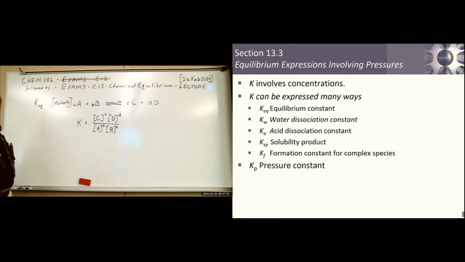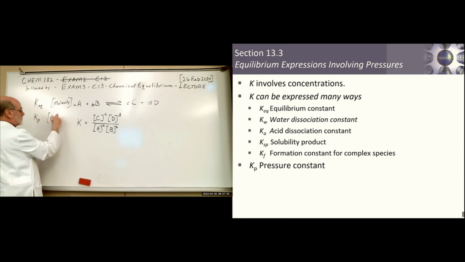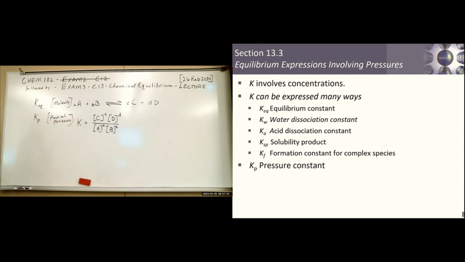If we write it with, let's see, this, K with a subscript P, then the concentrations are in partial pressure. Right? If we write it like this, that's a special constant that is reserved for water.